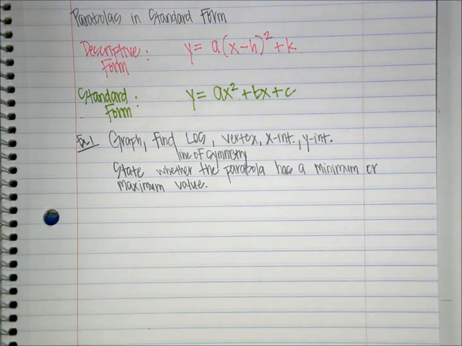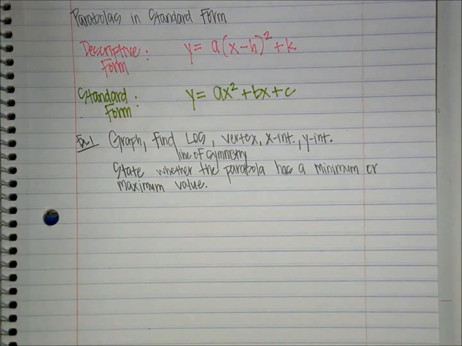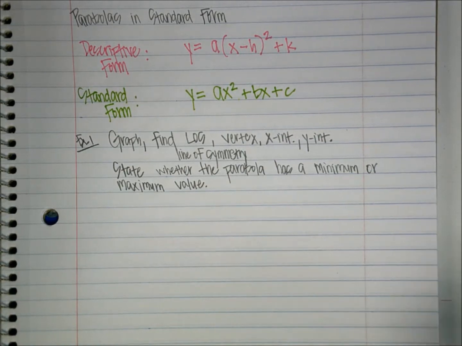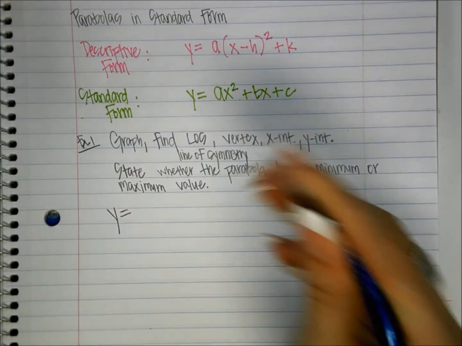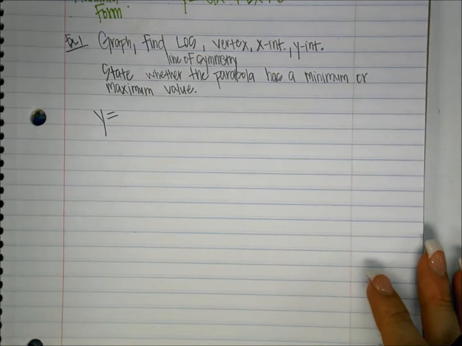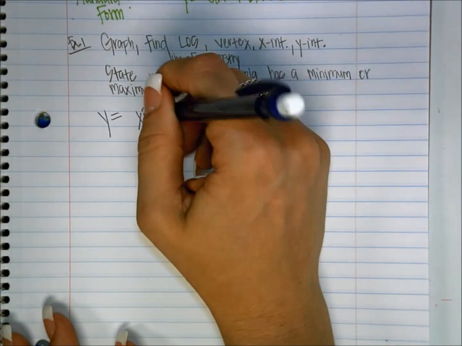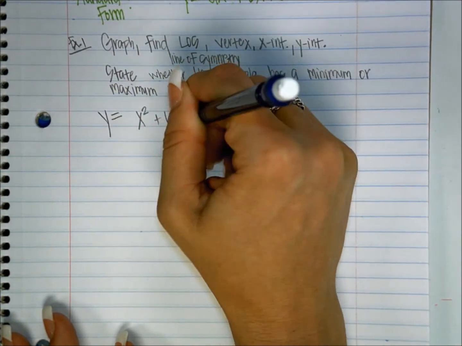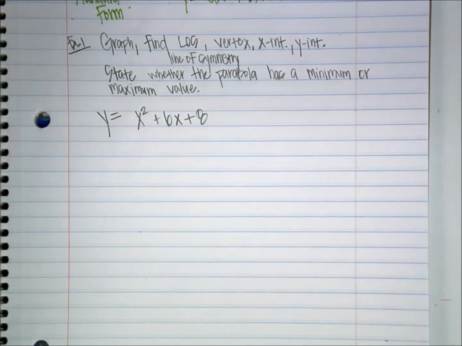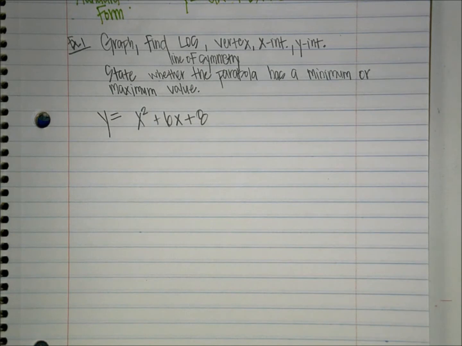Okay, so that's a lot of stuff, okay, but we can find out all of these different things just by being given one equation. Okay, so my first equation, I'm going to give you y equals x squared plus 6x plus 8. Okay, and just from that, I can find the line of symmetry, the vertex, I can graph, I can find x-intercept and y-intercept, and I can tell if this parabola is going to have a minimum or a maximum.